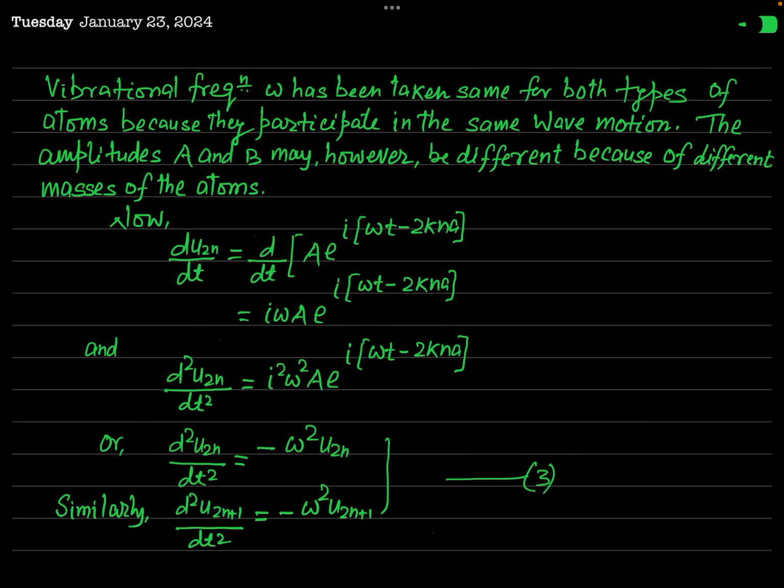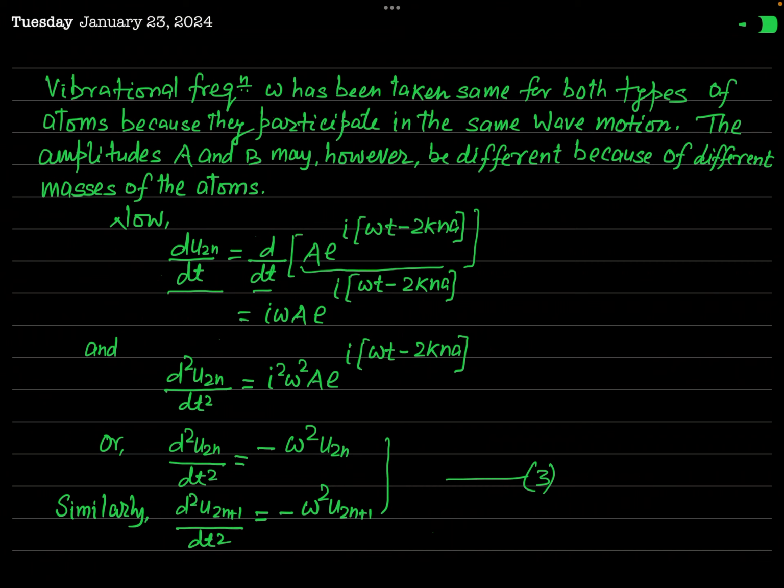First we will find the first order derivative, du2n by dt. As you have seen, u2n is equal to a times e to the power i(omega t minus 2kna).